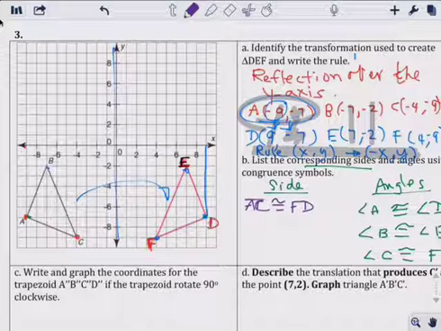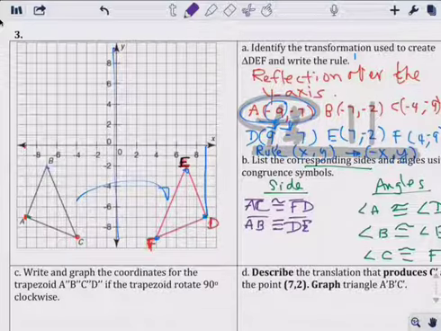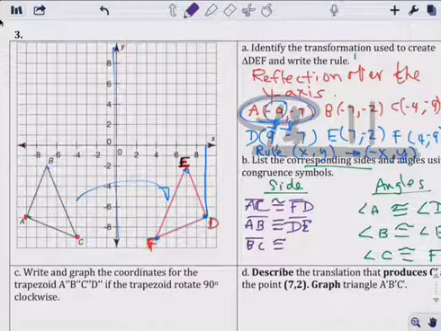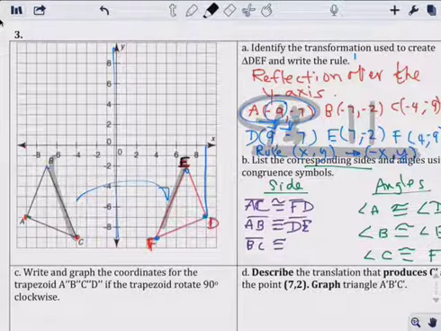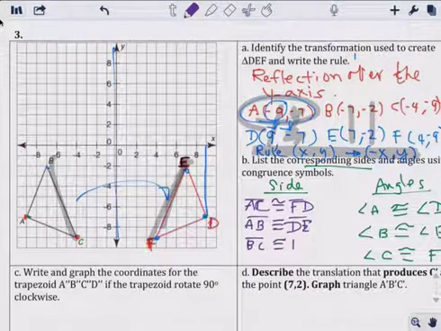Line segment AB is congruent to line segment DE, and line segment BC is congruent to line segment EF.